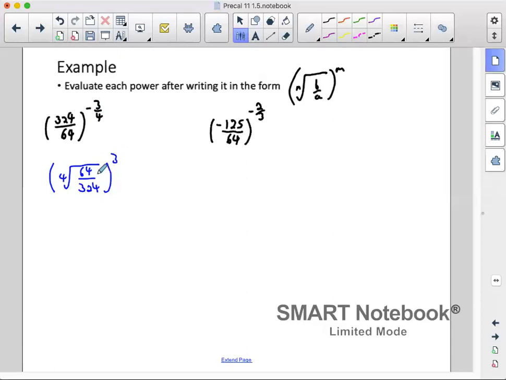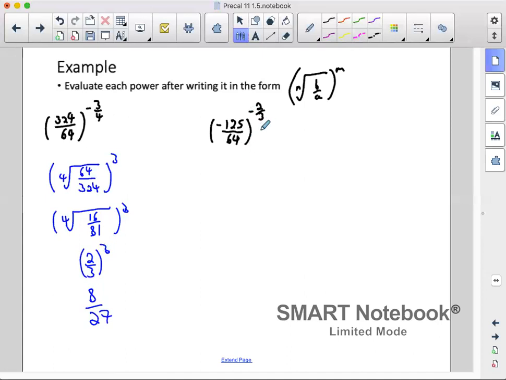Now this can be reduced, so we'll do that as our next step. So we have fourth root of 64 over 324 reduces to 16 over 81 cubed. The fourth root of 16 over 81 is 2 over 3, and then we've got that to the power of 3. So that gives us 8 over 27.